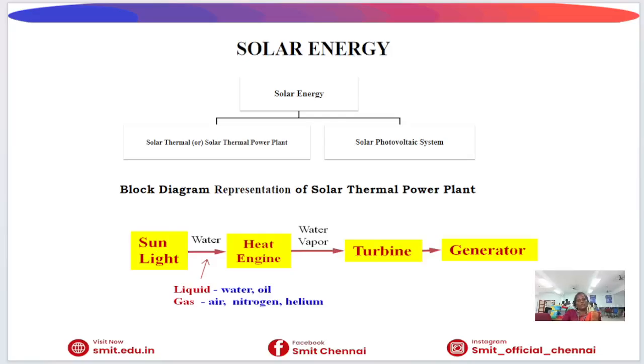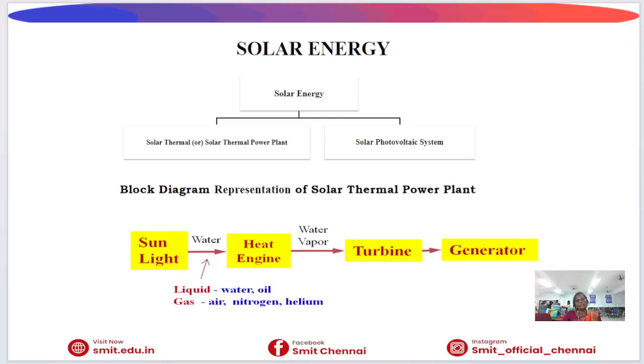Solar energy is one of the most important renewable energy sources available on Earth. It comes directly from the sun in the form of radiation and can be converted into heat or electricity. In a solar thermal power plant, solar radiation is first collected and concentrated using solar collectors.